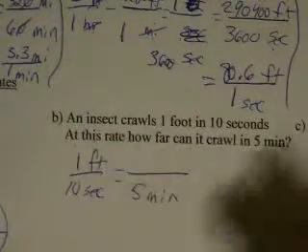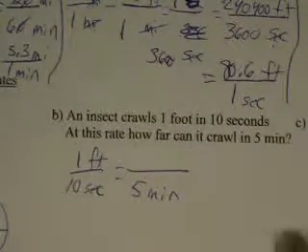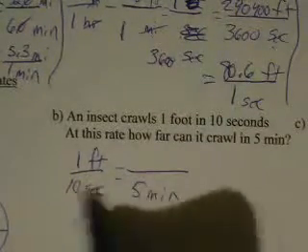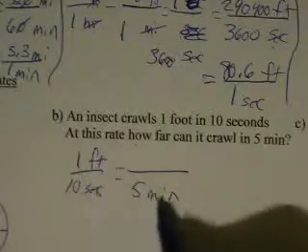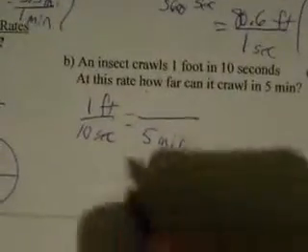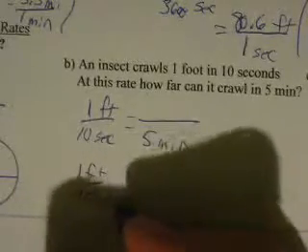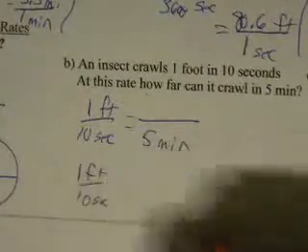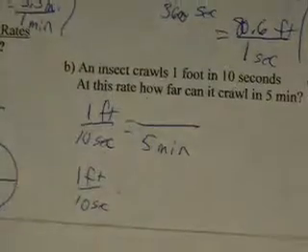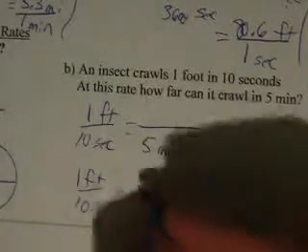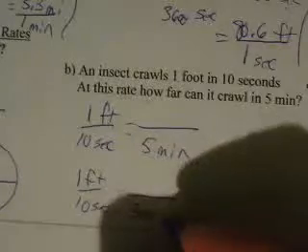Looks like a proportion. We could actually solve it sort of like a proportion. But to do that, I need to figure out seconds. These units are not the same. Seconds, seconds. So let's see. 1 foot for 10 seconds. How far could it go in 5 minutes? Well, do we know how many seconds are in 5 minutes? 5 times 60, 300 seconds.